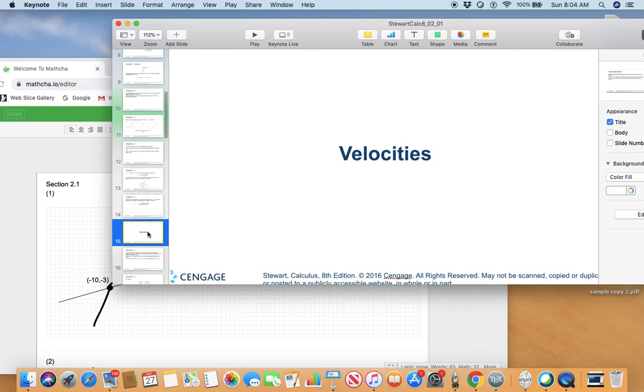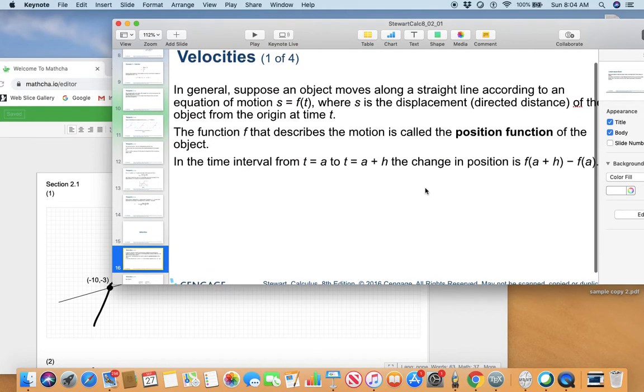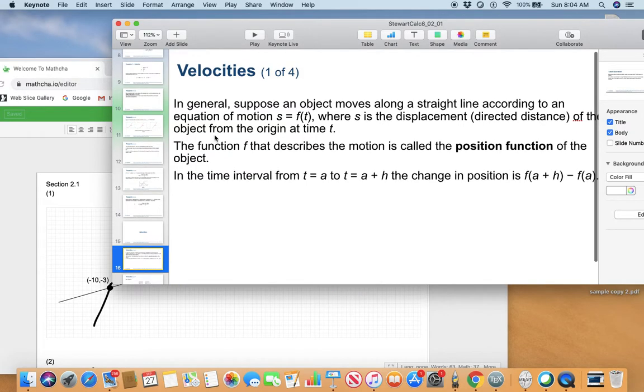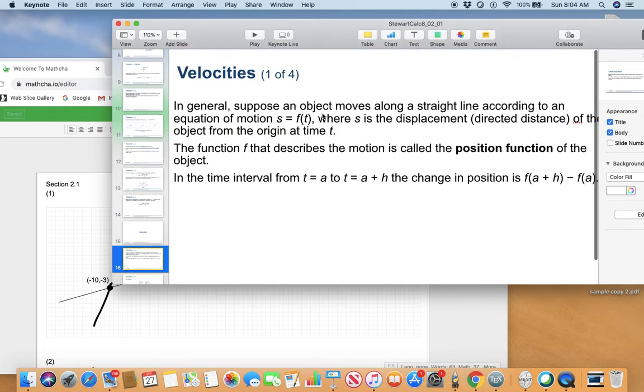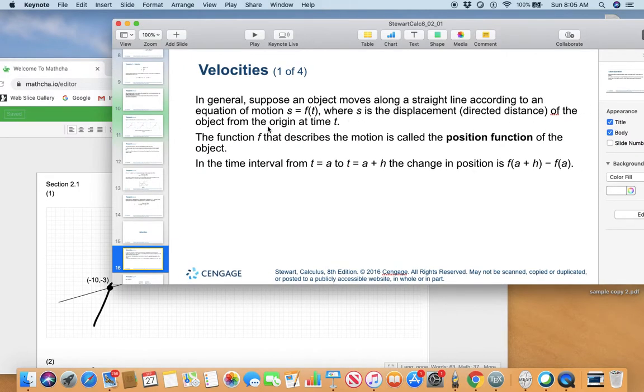Okay. Now, velocities. Some terminology. In general, suppose an object moves along a straight line according to an equation of motion s equals f(t), where s is the displacement, that is directed distance, okay, of the object from the origin at time t.